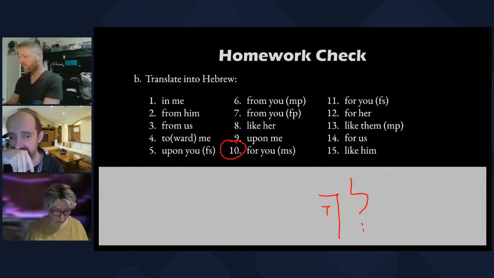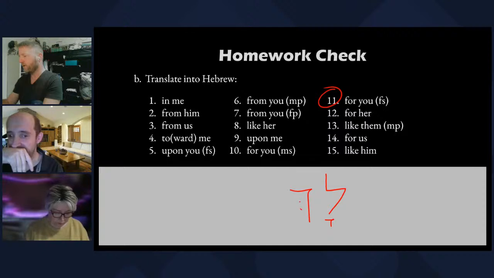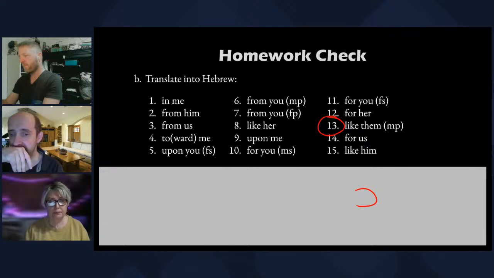Lecha. Oh, in pause, it's going to be lo. Yeah, of course. For you, feminine singular. Lach. Okay. For her. La. Okay. Like them. Kahem.